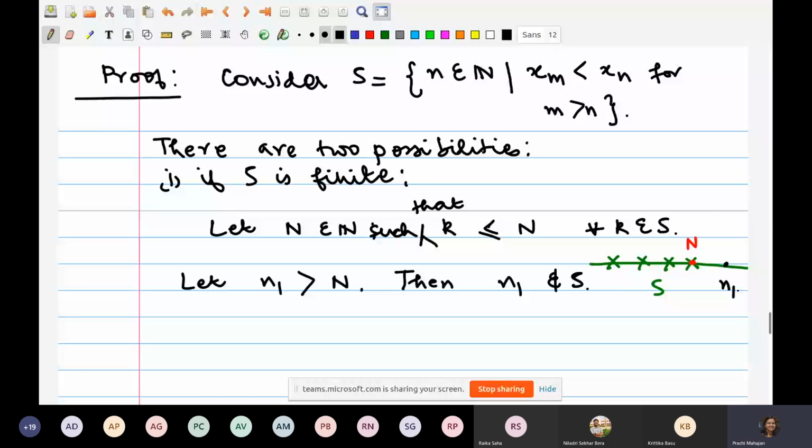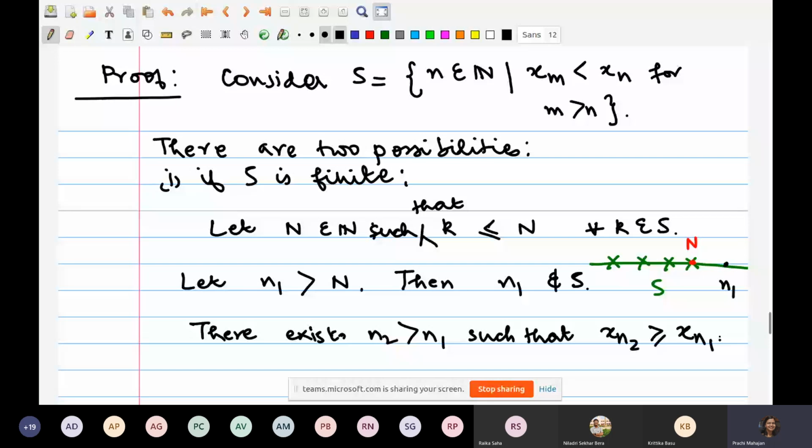Now, if N1 is not in S, the definition of the set S guarantees that there exists some index, let me call it N2, with N2 bigger than N1 such that Xn2 is bigger than Xn1.